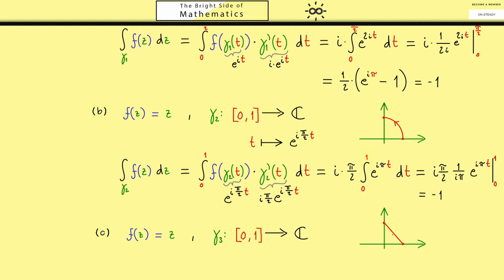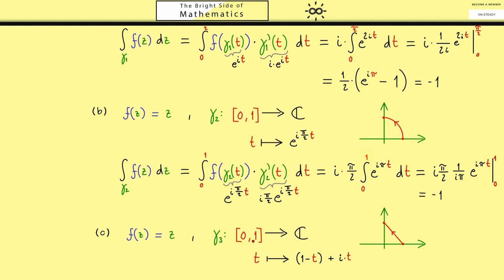In fact, this should be the straight line from 1 to I. Hence, the start and the end point are the same as before, but the explicit curve is different. Okay, and now we just have to express this line with a formula. Indeed, this is not so hard, because we start with 1, we know we need 1 minus t, and then we add the endpoint I times t.